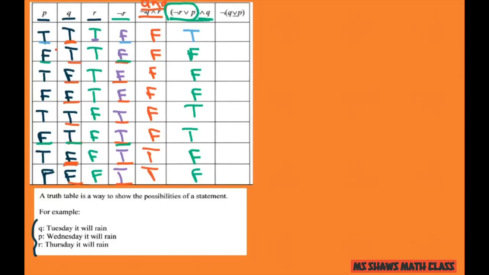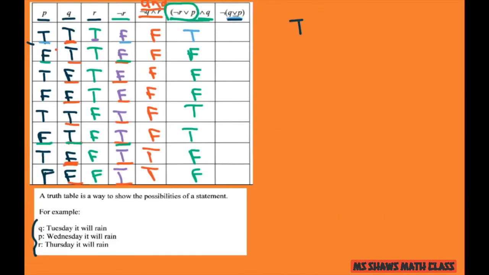Now for this one, I'll use this color. All right. Q or P, but not both. If I just do Q or P, it's going to be true.